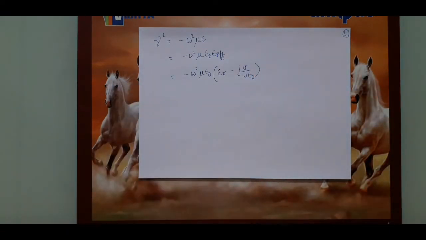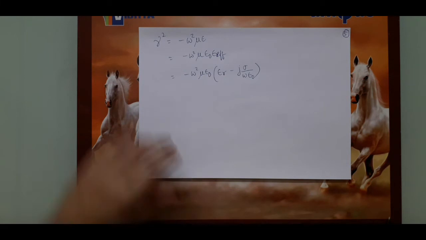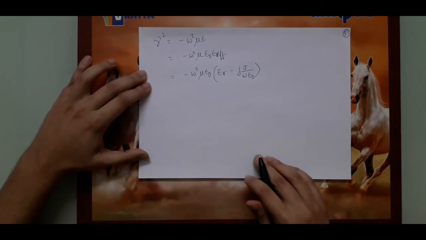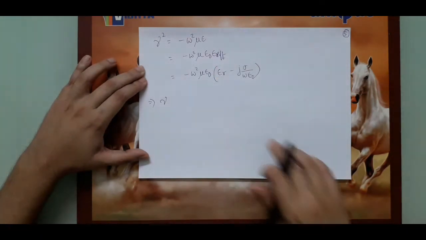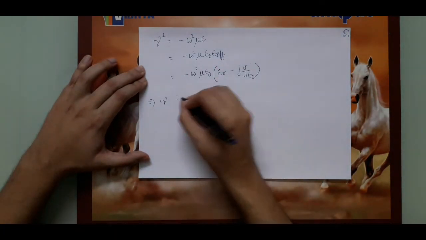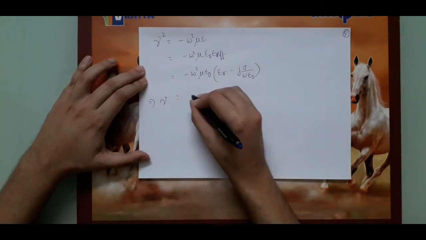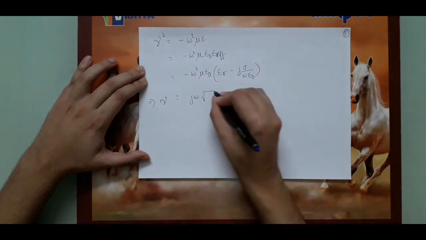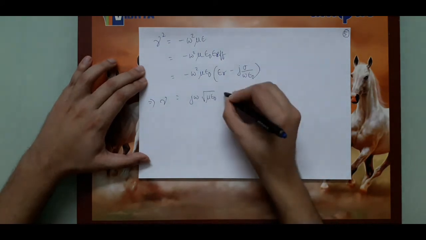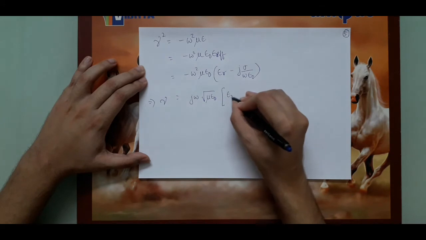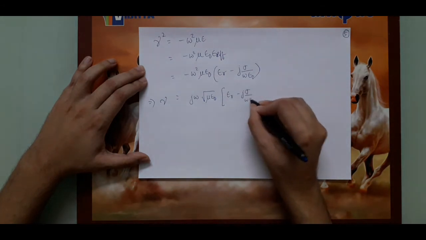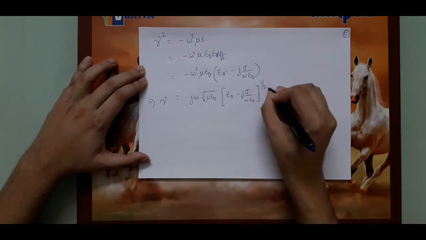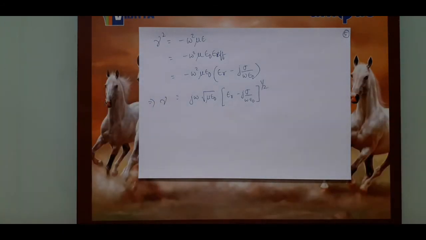So this is what it looks like. Then gamma will be nothing but the square root of this, which is j omega root mu epsilon 0 times this raised to half. I am taking the root of the entire expression.